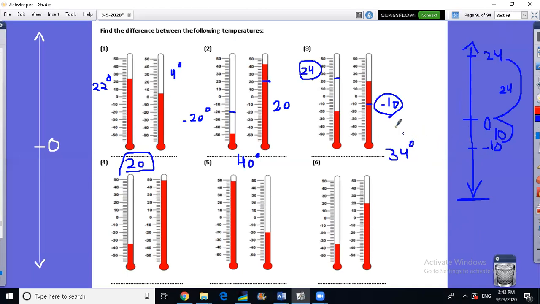Try to avoid counting, because it is impossible to keep counting how many steps there are between 24 and -10. You're going to take forever until this is done.